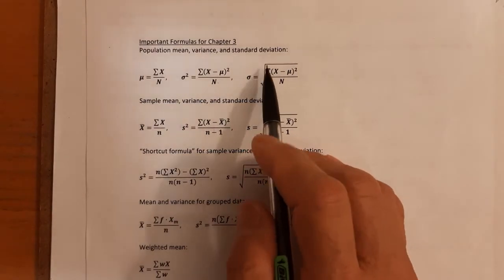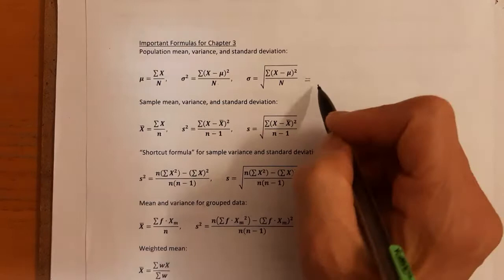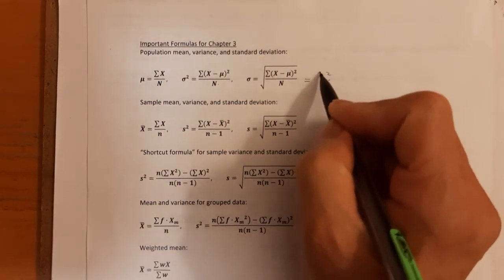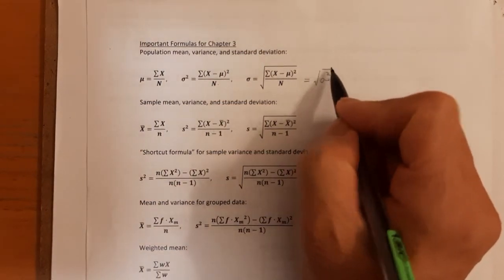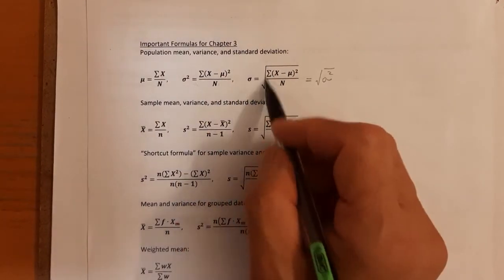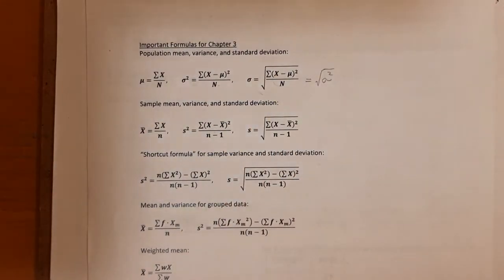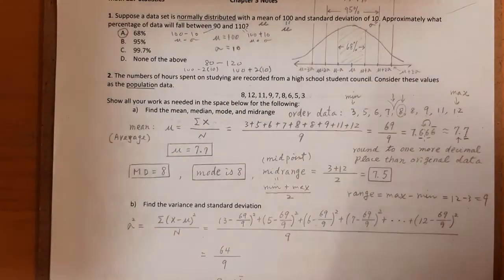Standard deviation is the square root of the variance. After you get the variance, take the square root, and that is what we call standard deviation.